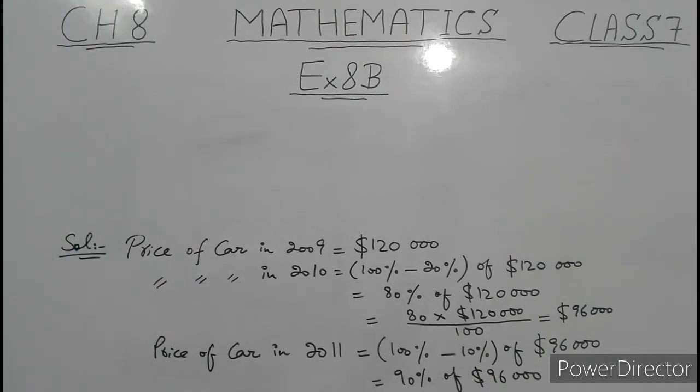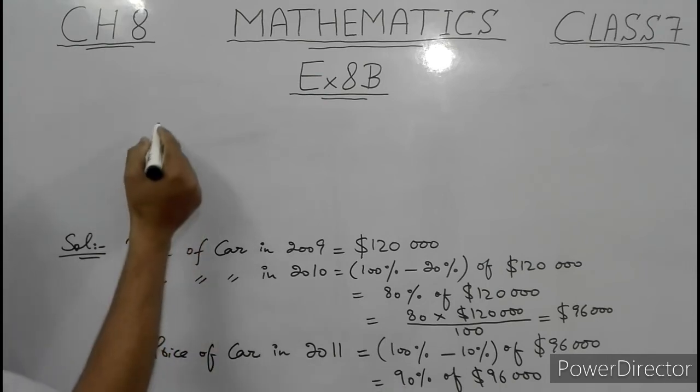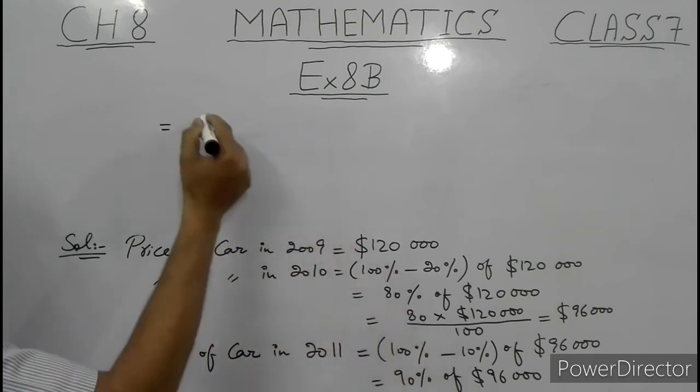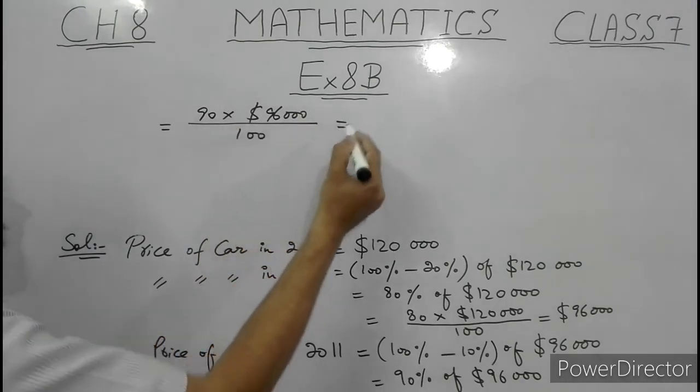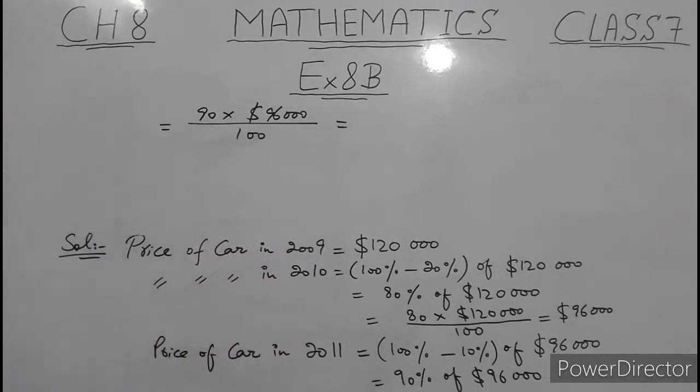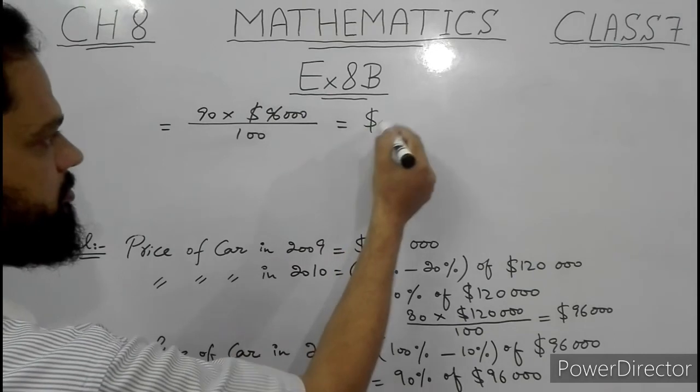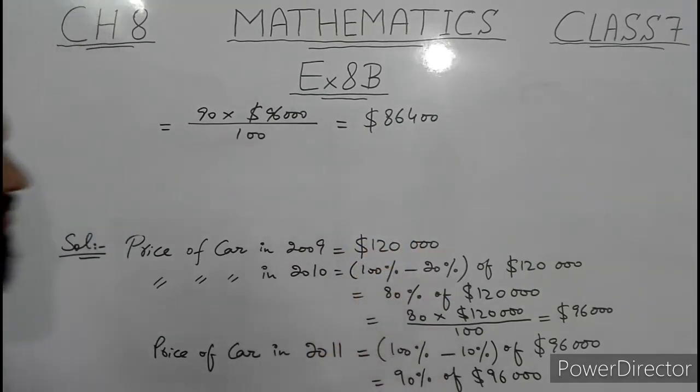And we have to find the value of car at the end of 2011, which will be 90% of 96,000. It will become 90 multiplied by 96,000 over 100, and by using calculator we will get 86,400. This is the value of car at the end of 2011.